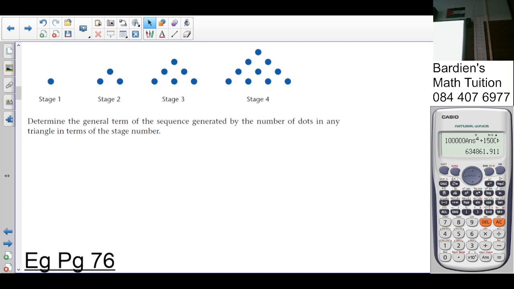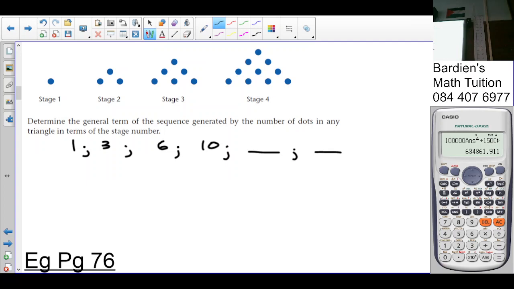So because they are determining the number of dots in the first term or in the first stage, how many dots are here? 1. Second stage? 3. Third stage? 6. Next stage? 10 and so on. What would be the next two numbers? Write that down and you write down the next two numbers.